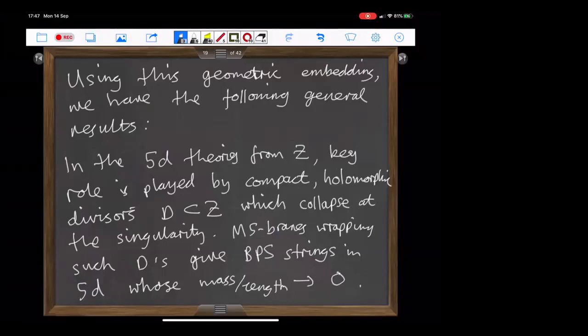And since the divisor collapses at the singularity, it means that the mass per unit length of these strings is going to 0. And this is a sort of formula that we can trust because these objects are supersymmetric, or in this case, holomorphic.